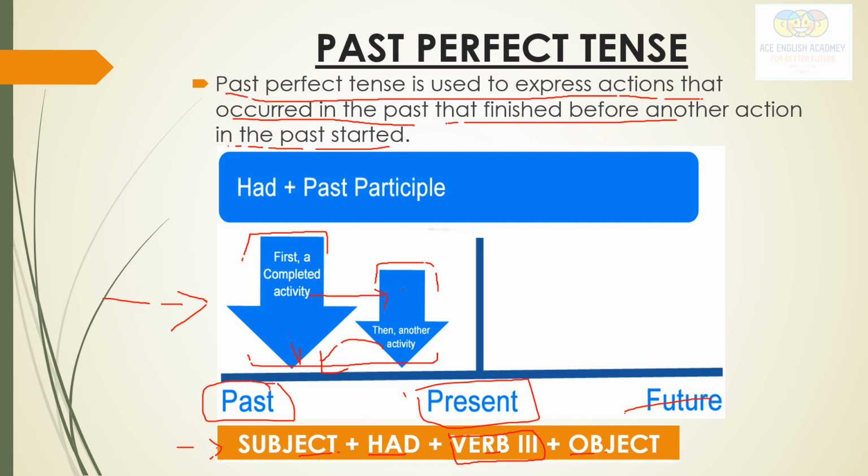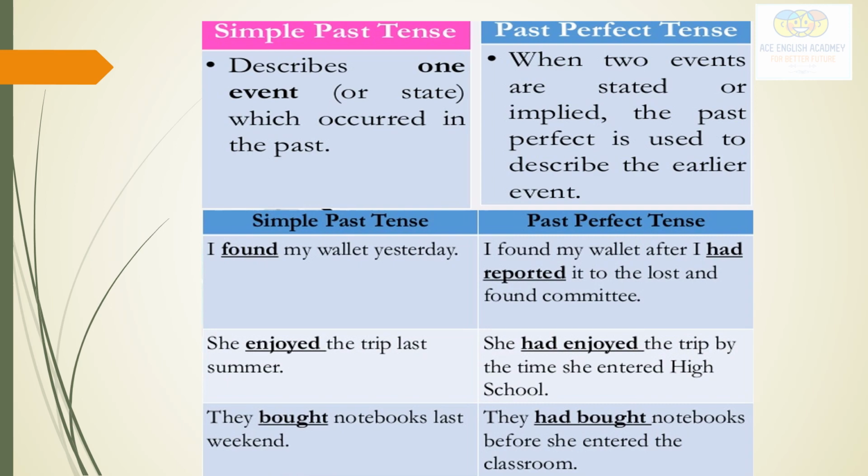Let's understand it with the help of comparison, because we talk about past action in the simple past also, and the same thing we are talking about in the past perfect tense also. So how is simple past different from past perfect tense? See here, this is simple past tense and the other one is past perfect tense.